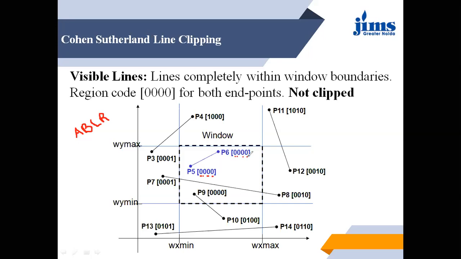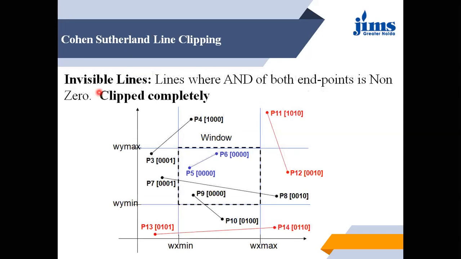It means this line is completely visible. There is no need to clip this line. So this was the first case in which we have to decide whether the line is visible or not. So a line is visible when both the endpoints of the line have region code 0000.